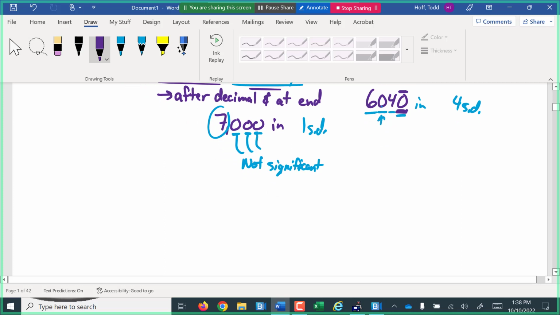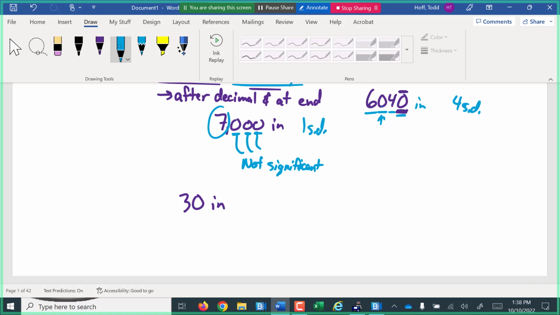Well, let's do 30 inches. The 3 is significant because it's not a 0. That 0 is not significant. That only has one significant digit. But if I write it as 30.0 inches, the only reason that 0 is there is, it's totally unnecessary.